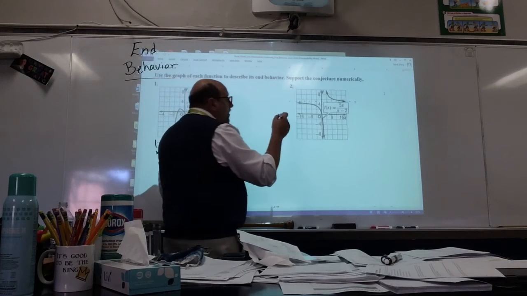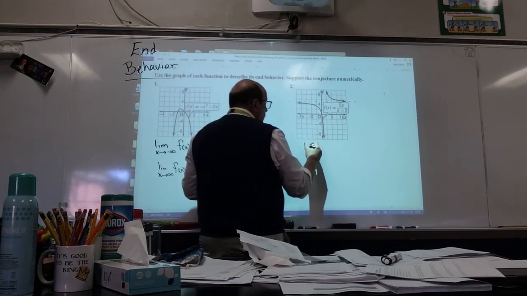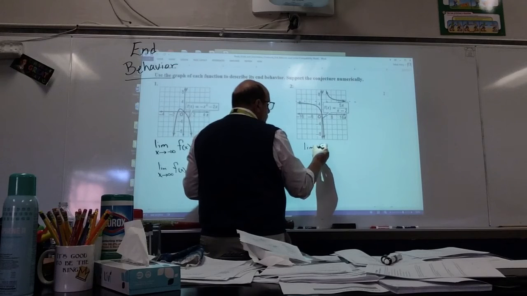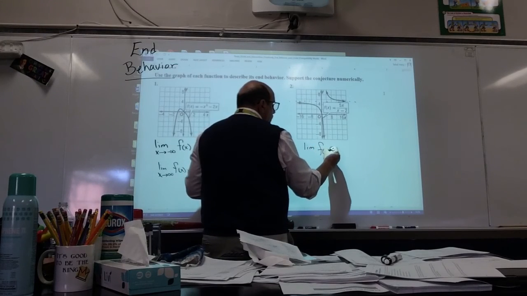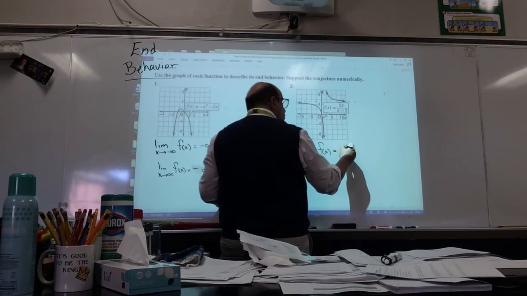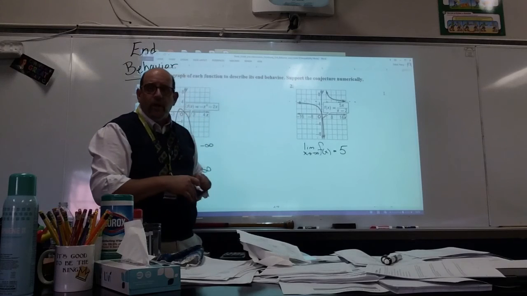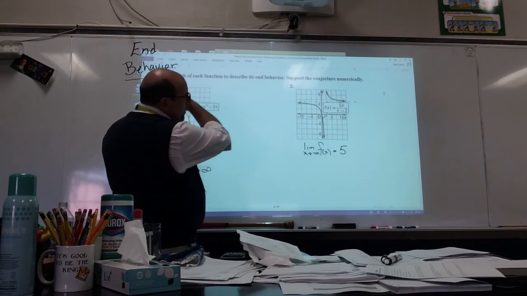So if we say the limit of this function of x as x approaches negative infinity, we're just getting to 5. We're almost at 5, right? And that's as it goes to the left.